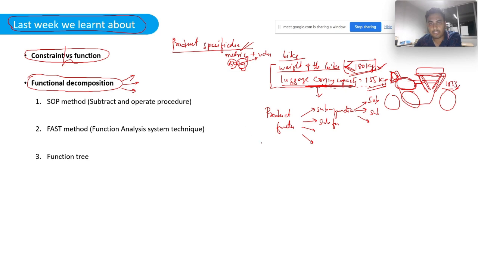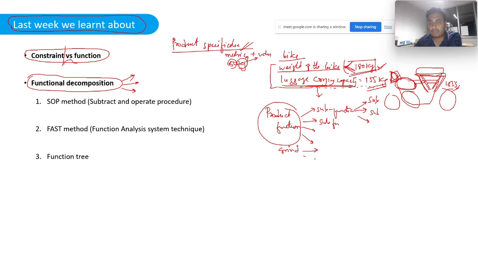So this particular process of breaking down the higher level functions into smaller functions, sub functions, is known as functional decomposition. For example, I discussed last time the functional decomposition of a mixie grinder. So the overall objective is to grind masala.